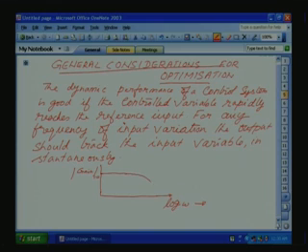As the frequency increases, this will slowly change. So, this will show the bandwidth.